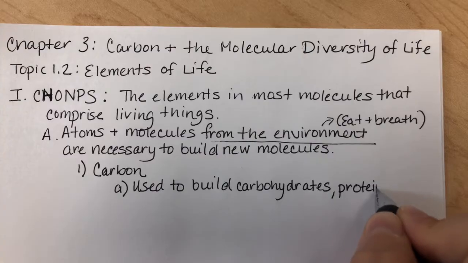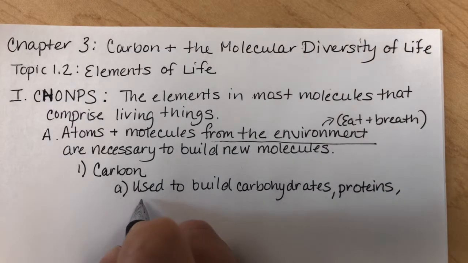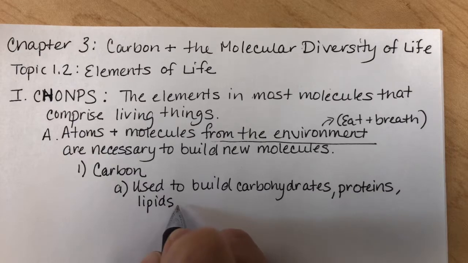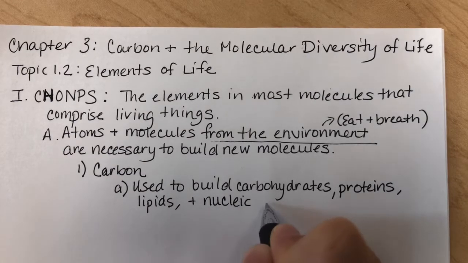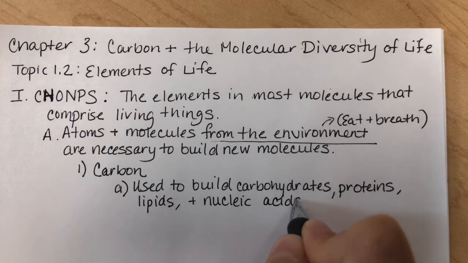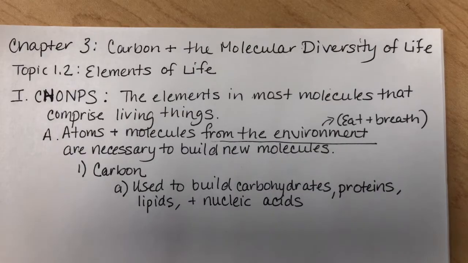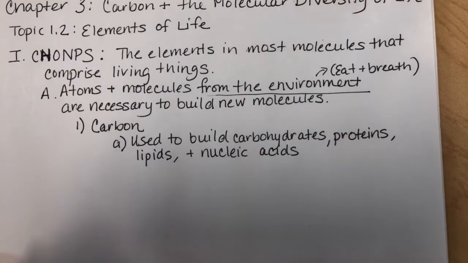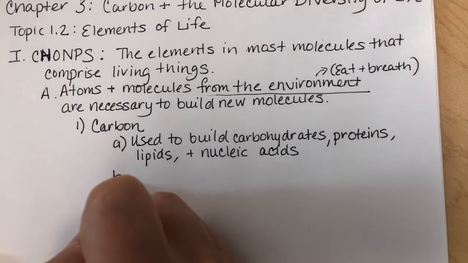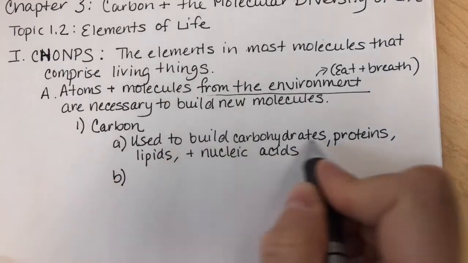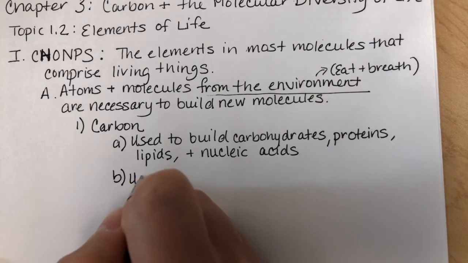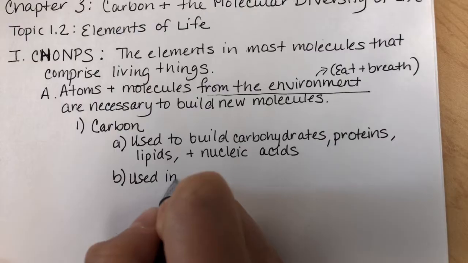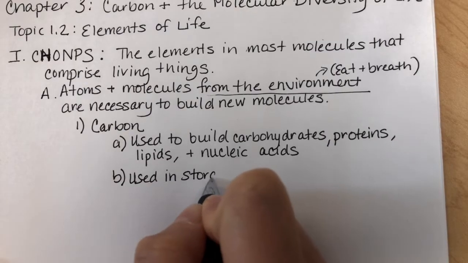Proteins, lipids, those are your kinds of fats, and nucleic acids. Nucleic acids, you probably have heard of them as DNA and RNA. So those are your types of nucleic acids. Also with carbon, they're used to build these molecules for us, and then it's also used in storage compounds.